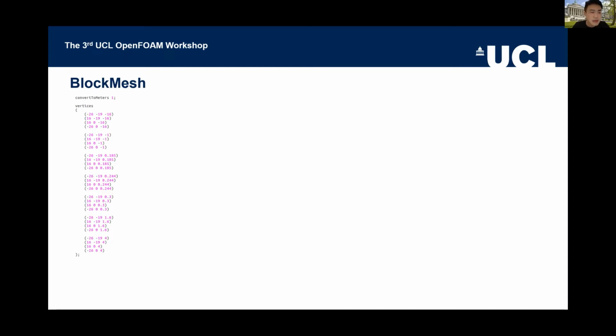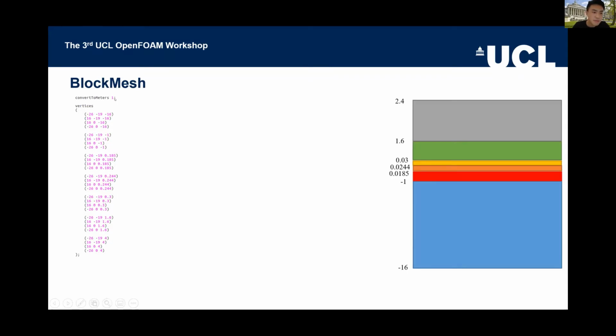Look at how it is written. It divides the domain into 6 blocks. You can see X and Y are always the same for every block, but the Z axis changes a lot. It defines somewhere here as a boundary, and then here -1 as a boundary, 0.0185 as a boundary, and so on.